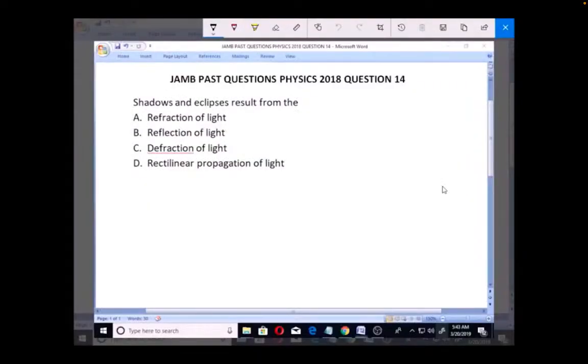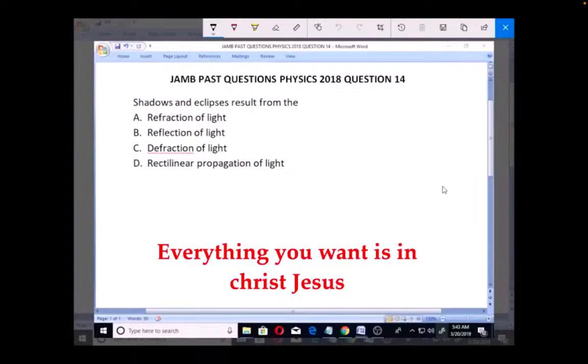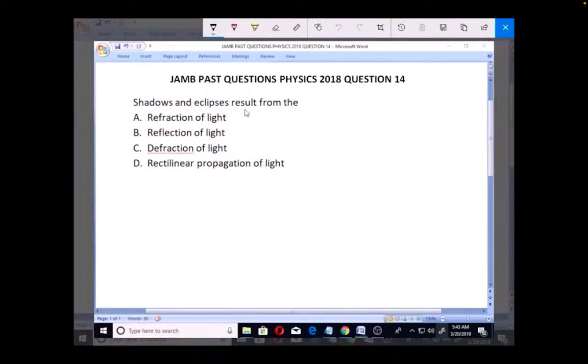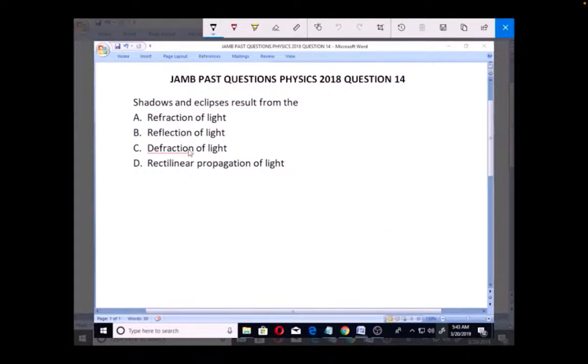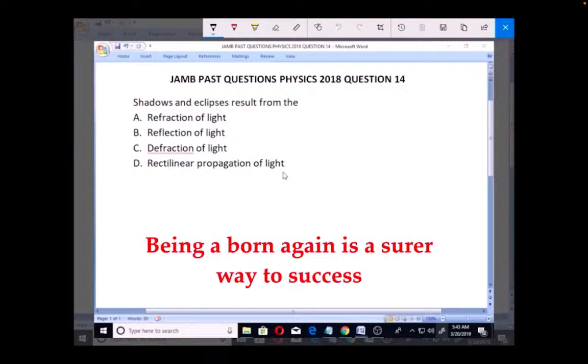Welcome. Let's look at this JAMB past questions, Physics 2018, question number 14. Shadows and eclipses result from the: A. Refraction of light, B. Reflection of light, C. Diffraction of light, D. Rectilinear propagation of light.